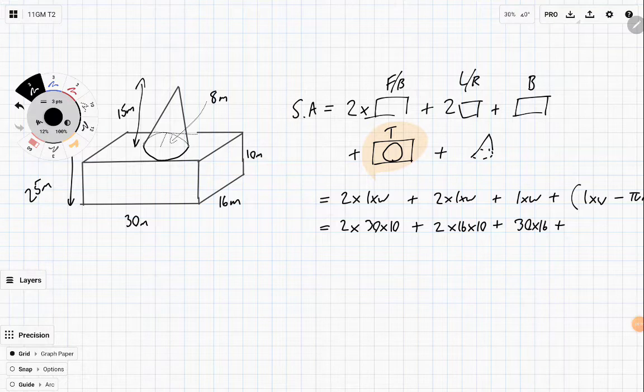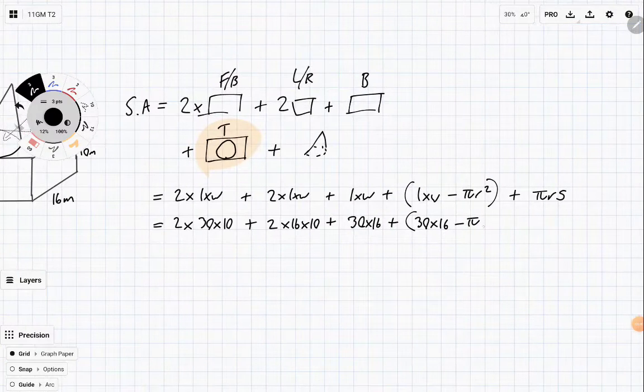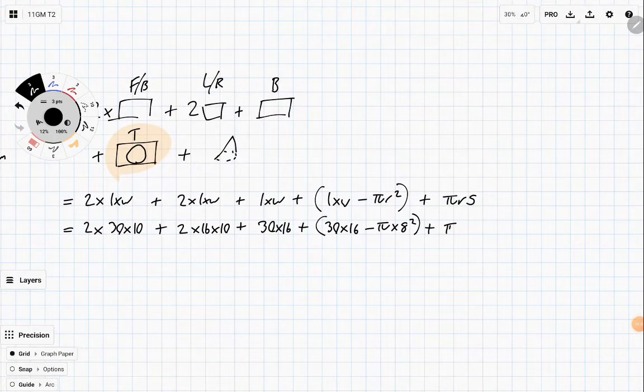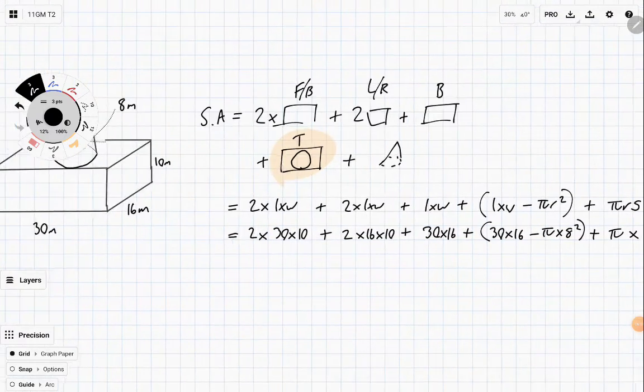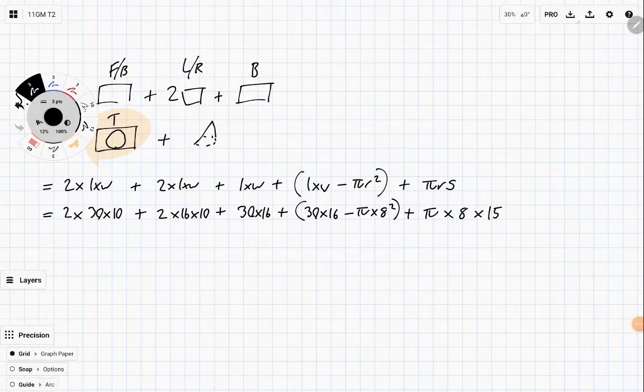Now the top is also going to be 30 by 16, but we're then going to subtract off the circle, and the circle radius is 8, so pi times 8 squared. Adding to that, the cone, which is pi times the radius, which is 8, times the height, which was 15, as you can see there, that's the height of the cone. And with that, we now have everything we need to do.